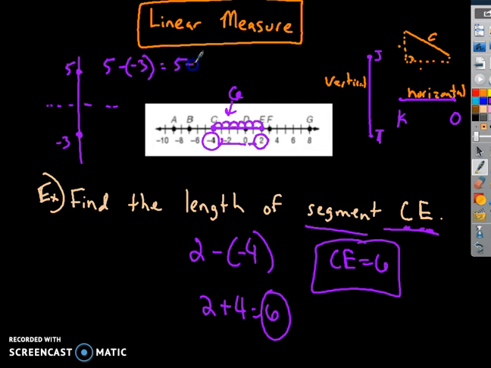That would be 5 plus 3, or 8. So I know the length from here to here. This was a number line, a coordinate plane or whatever. I would start here, subtract down. 5 subtract -3 gives me 5 plus 3, or 8.